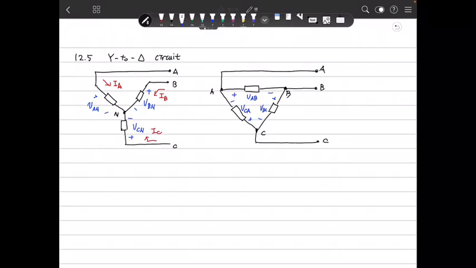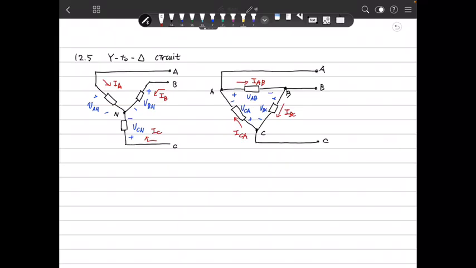Because there are three elements, you can define three currents here. The current going through here I define as I_AB, the next one as I_BC, and the current here as I_CA.